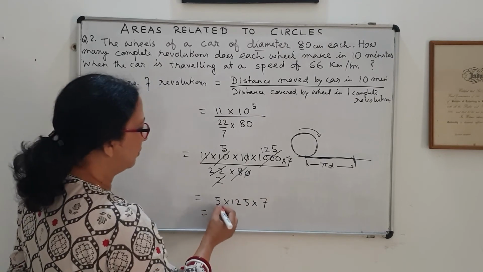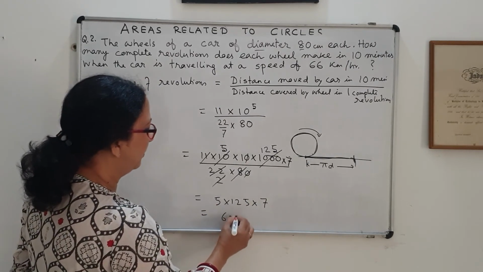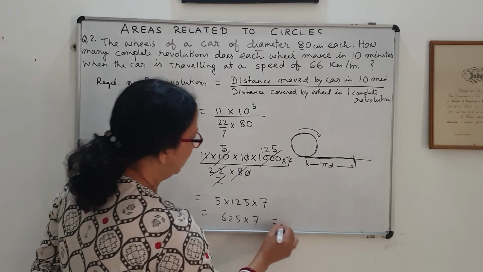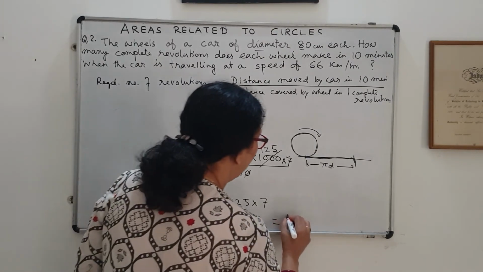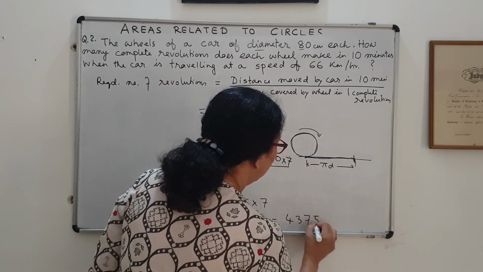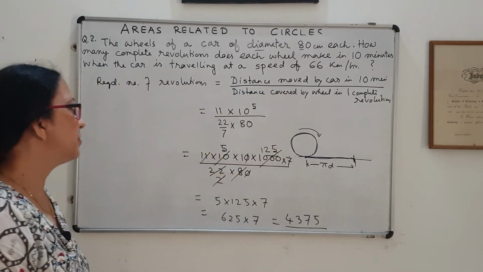It is very easy to calculate: 5 into 125 is 625, and multiplying by 7 it comes out to be 4375. So this many complete revolutions it will have to do.